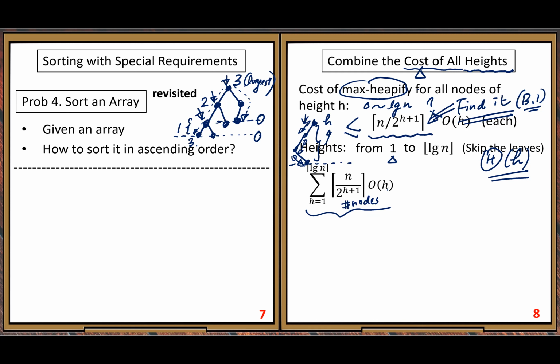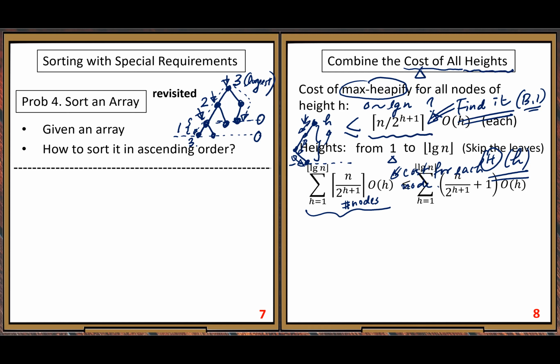The second part is the cost for each node. So that's the expression.